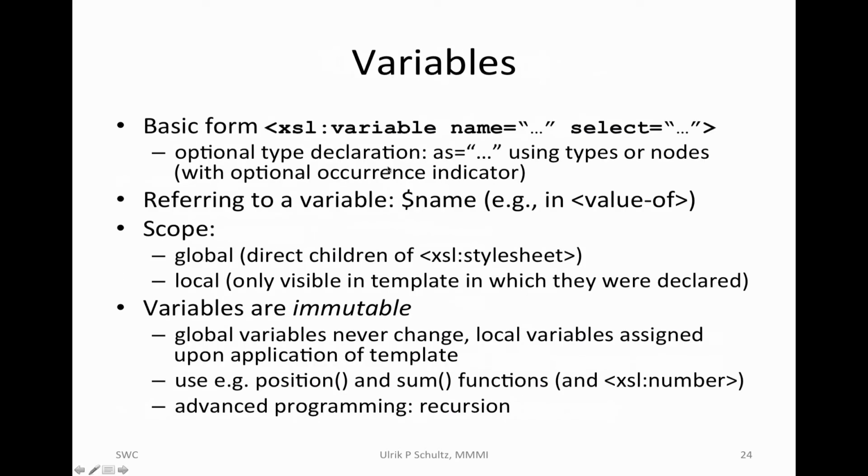Variables are something you can use to gather information as well. They're immutable, so we can use them to gather information in part of the processing of a template, but they don't change while we're processing it. So we can use them to count things, for example.